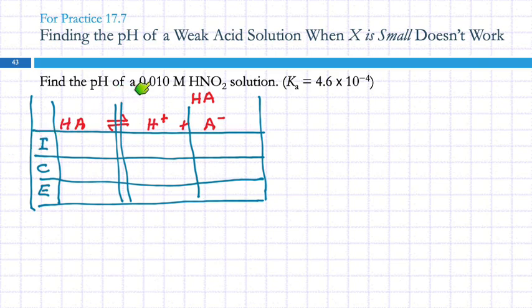The concentration of the acid is given, 0.010. We're assuming that the hydrogen ion concentration is approximately 0, because it's super, super small. And the A minus, which here would be the nitrite ion, is going to be 0. So then this is minus X and plus X. 0.010 minus X, X and X.